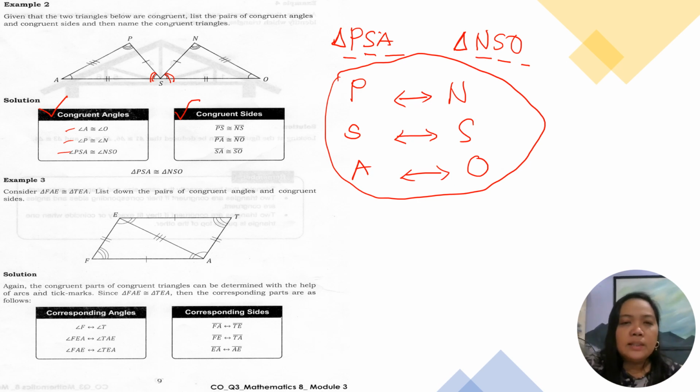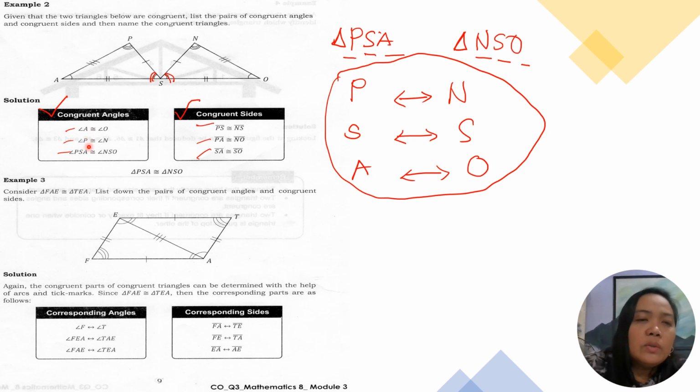What about the congruent sides? So the corresponding congruent sides are segment PS is congruent to NS. Okay, and then segment PA is congruent to segment NO, while segment SA is congruent to segment SO. So these are the corresponding congruent angles and corresponding congruent sides of triangle PSA and triangle NSO.